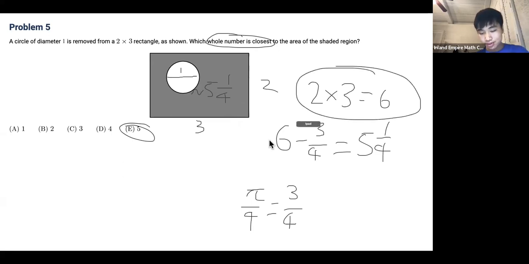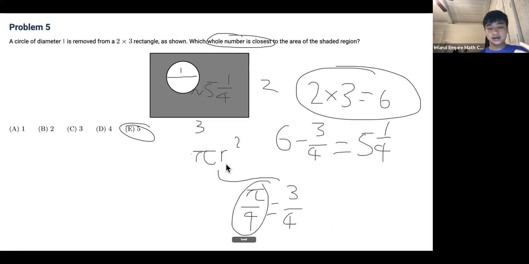Then we moved on to finding the area of the circle using the circle area formula, pi r squared, and by dividing the given diameter by 2 to get the radius of 0.5, and then plugging this in and approximating pi as 3. So then we subtracted to find the final answer of 5. So this is a little complicated, but with more practice on these kinds of questions, you'll get the hang of it.